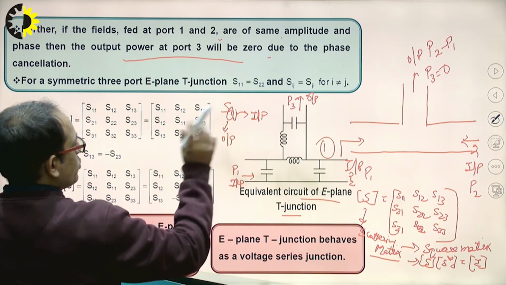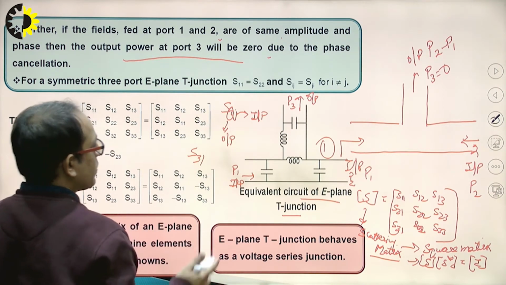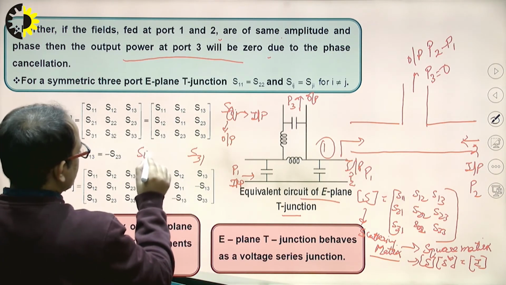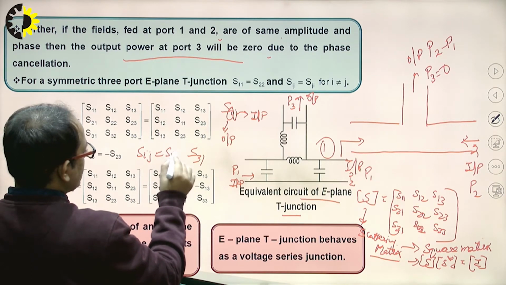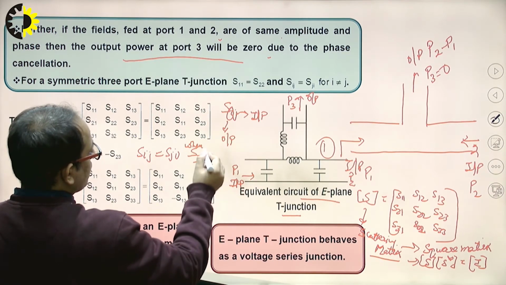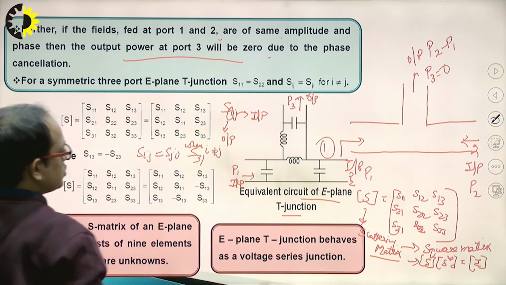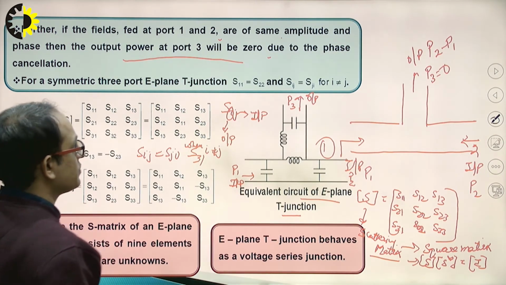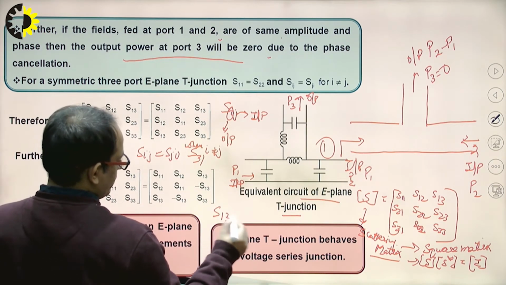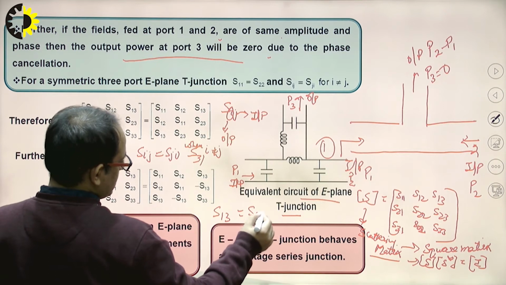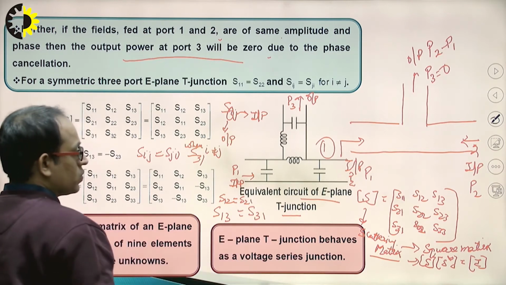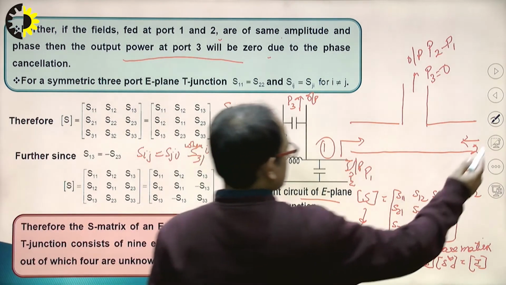J represents the input and this represents your output. Plus, this is a property of S matrix, that Sij is equal to Sji when I is not equal to J. Clear? Means if I say S13, it will be equal to S31. S12 is equal to S21. So this is a property of S matrix.